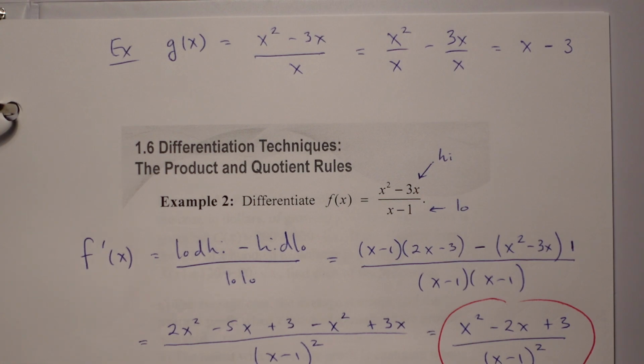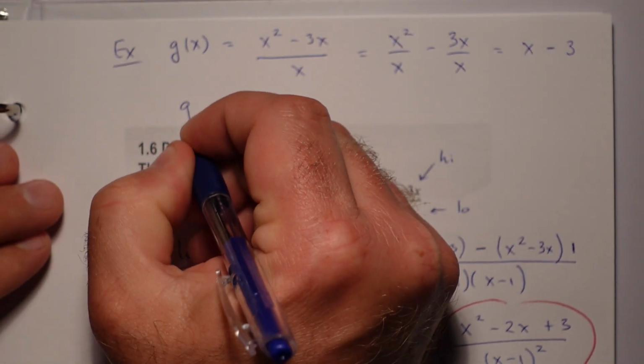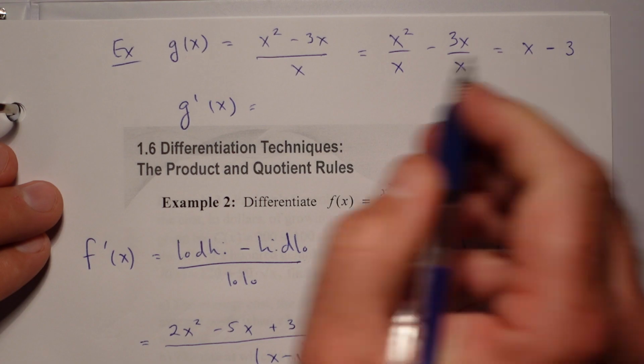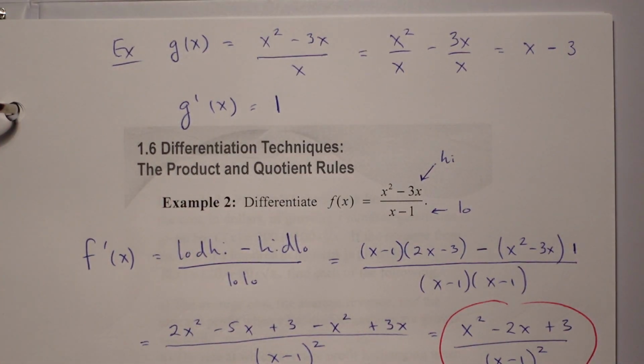Now that we've simplified that original function, it's much easier to find its derivative. So g prime of x is equal to just 1 according to our power rule. Again, you could use the quotient rule on g of x, but it's a lot easier to do the simplifying first rather than relying on that quotient rule.